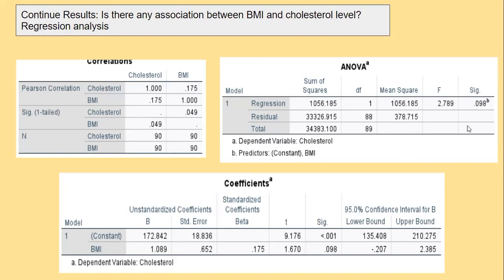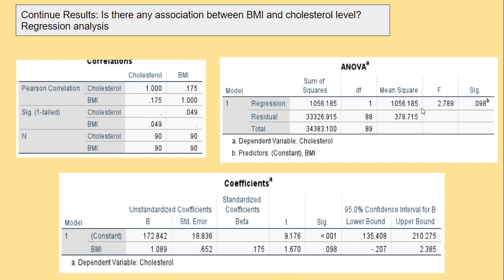Looking first into the significance level here, the significance level is 0.98, which is higher than 0.05. That means the claim that there is an association between the two, which is the null hypothesis, we can't claim that.